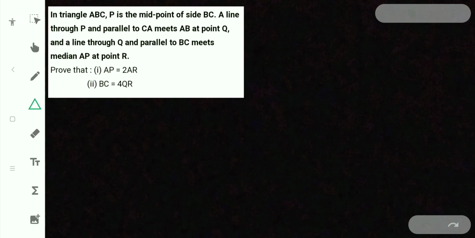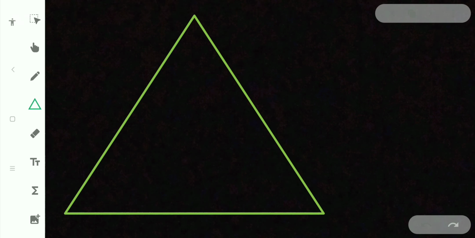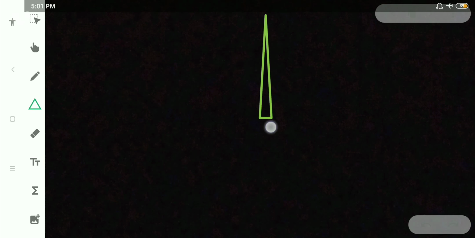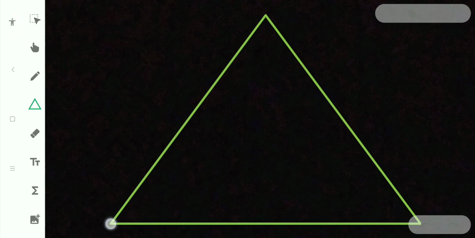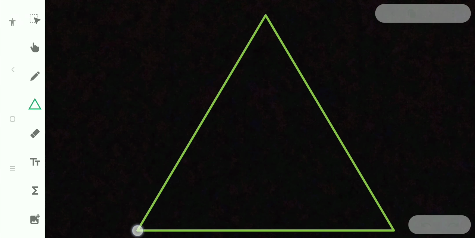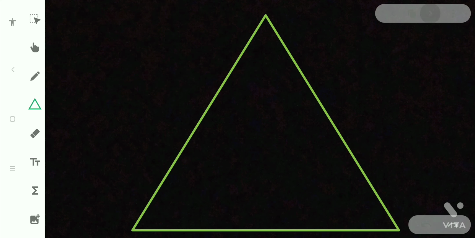So what they said is, in triangle ABC, P is midpoint of BC. First we have to name it A, B, C. For BC, P is midpoint.